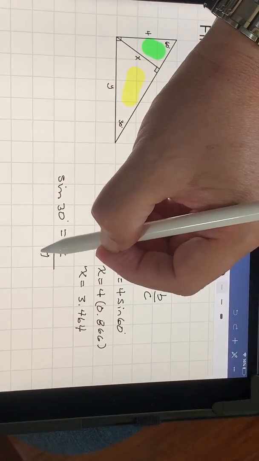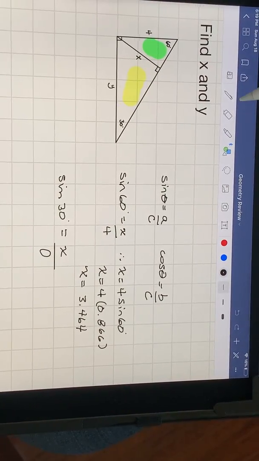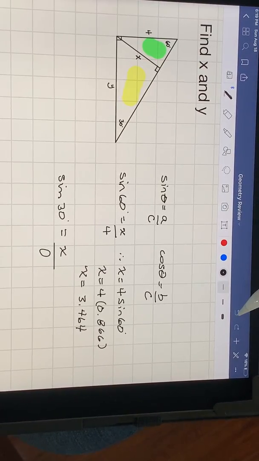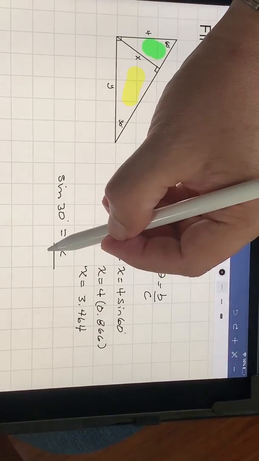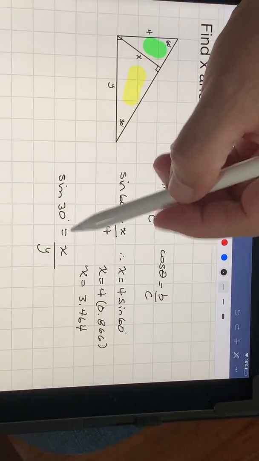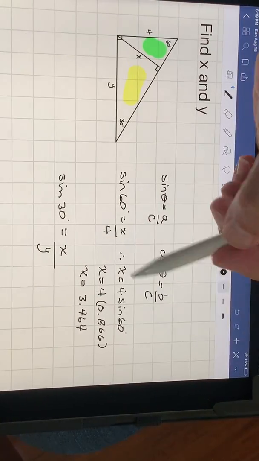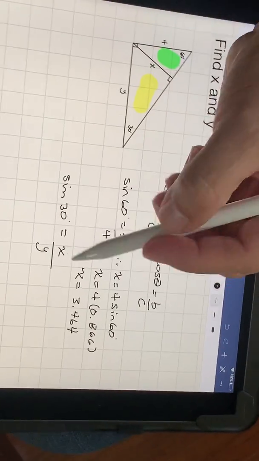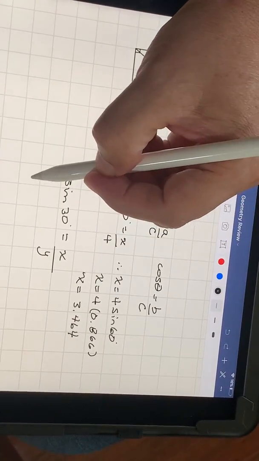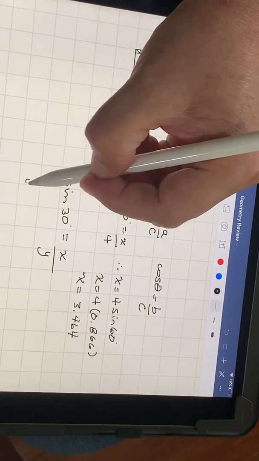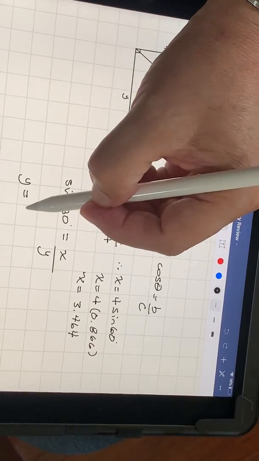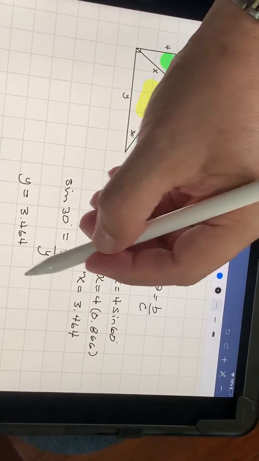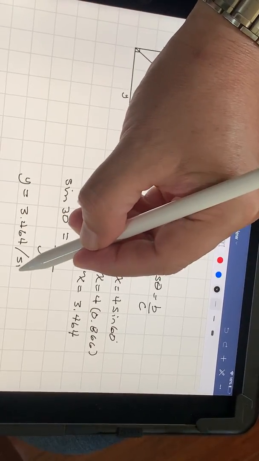So I can say that sine of 30 equals x over y. But we already have the value of x, so now we can say that y is going to be 3.464 divided by the sine of 30.